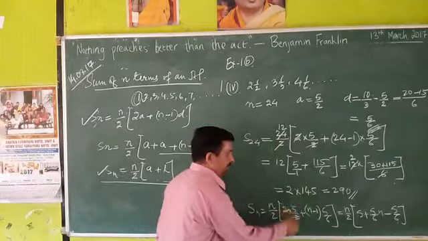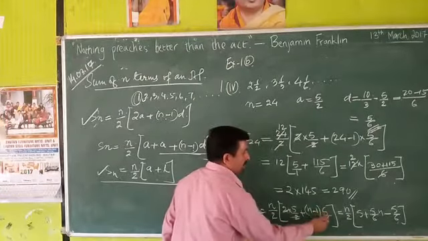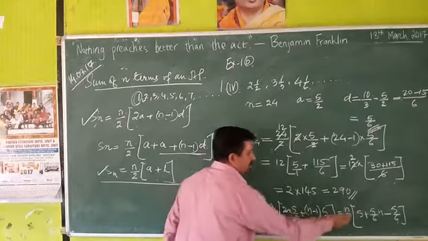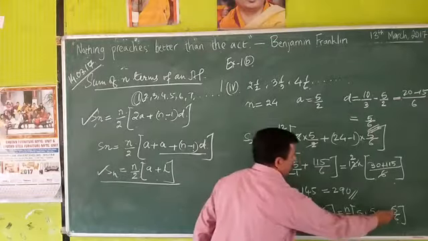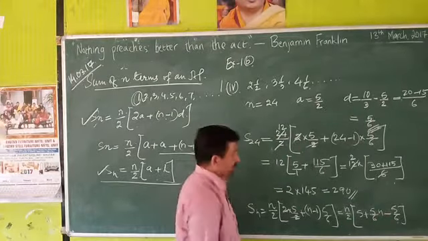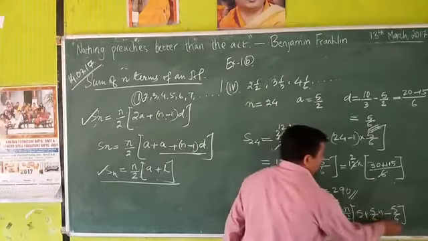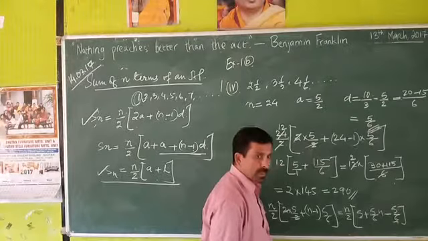I simplified this part. From here you get only 5. Then this part is simplified, which means it is multiplied by n first, so you got 5 over 6 n, and then this into minus 1, minus 5 over 6. It's not very difficult. Now this and this are like terms, so they can be simplified.